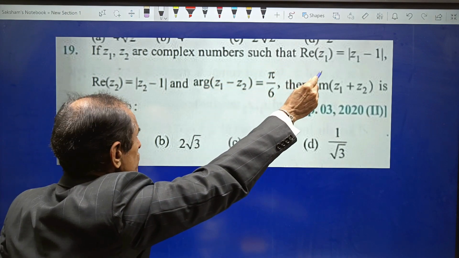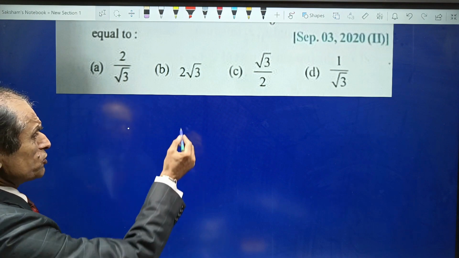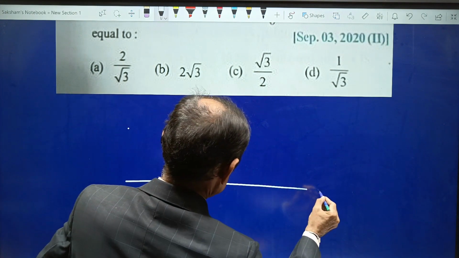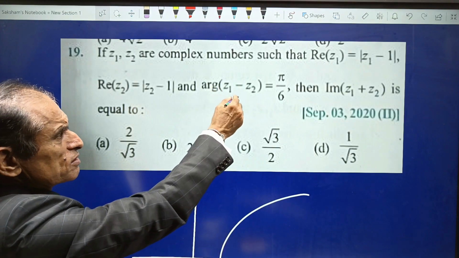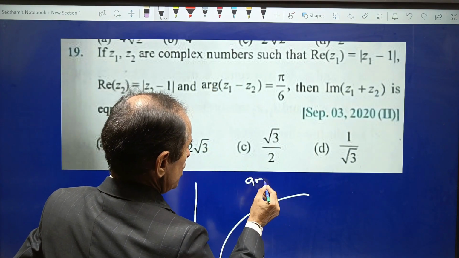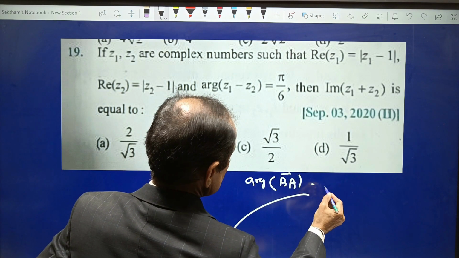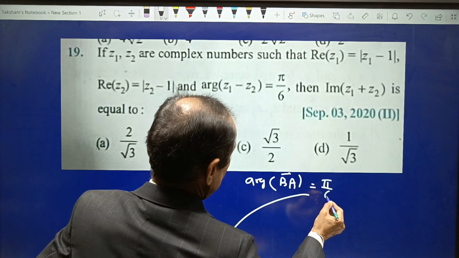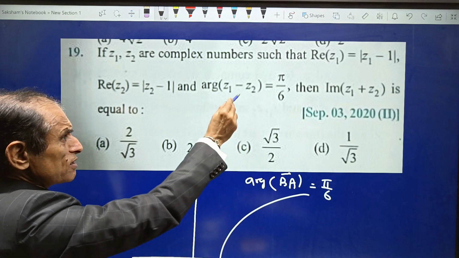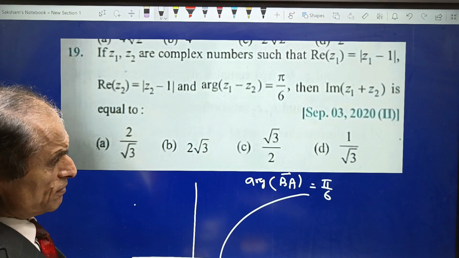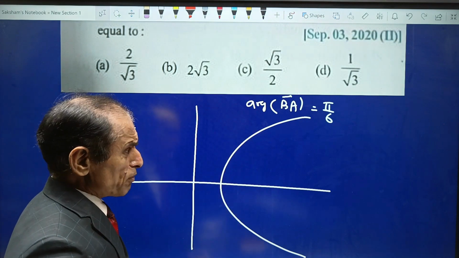And keeping this information and this information in mind, we can surely say that the figure formed will be of this type, and this means argument of BA is pi by 6, where Z1 is the complex number of A, Z2 is the complex number of B, and Z1, Z2 lie on this parabola also.